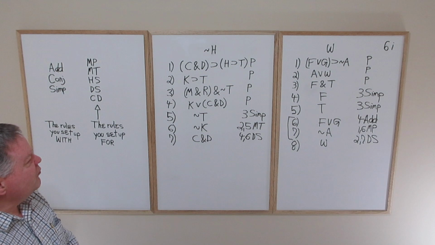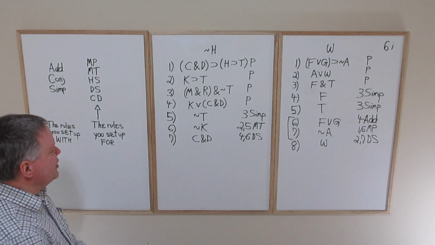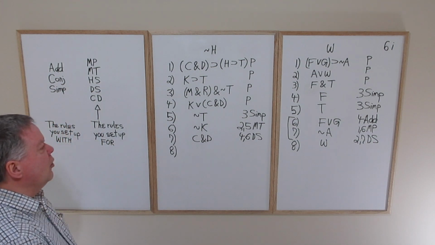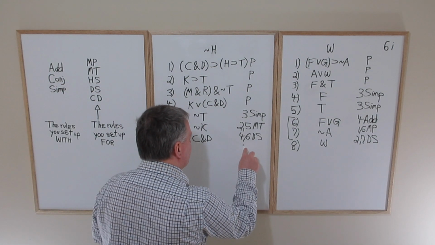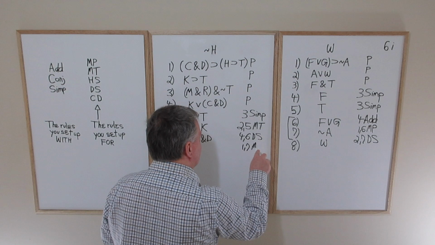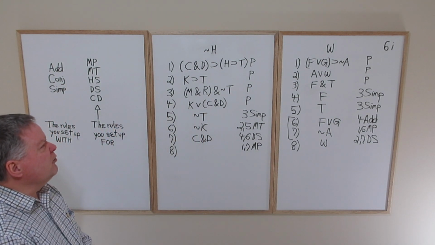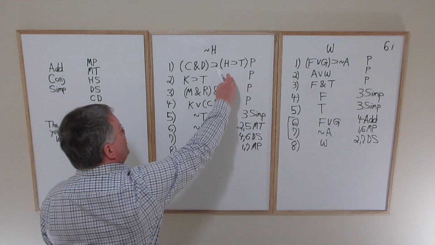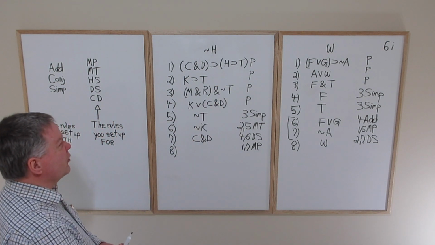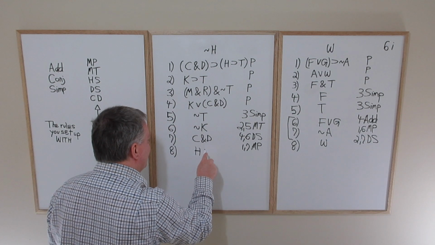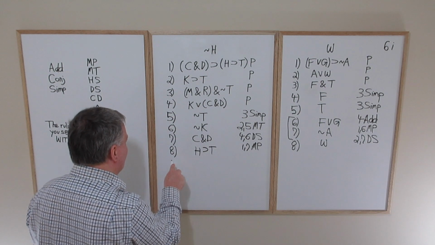There's a straightforward use for it, just as it is. So now 1-7 modus ponens will give us the conditional, which is the consequent of the larger conditional in line 1, namely H horseshoe T.